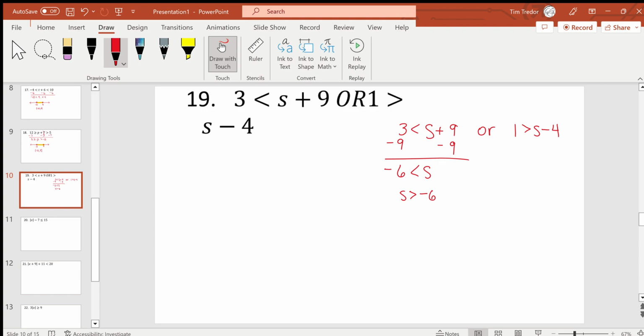Then I'm going to jump over to the other inequality. We're going to get s by itself over here by adding 4 to both sides. And I get 5 is greater than s. Or we're going to flip it around and say s is less than 5. And when you flip these around, just keep the inequality symbol pointed at the same thing it was pointed at before.